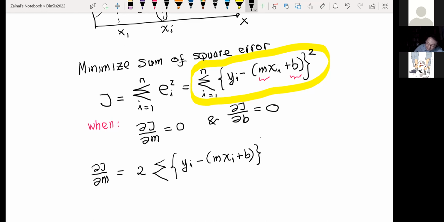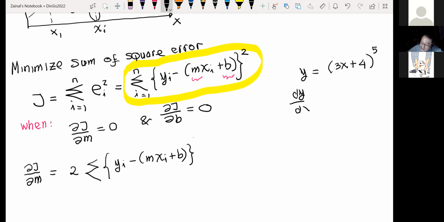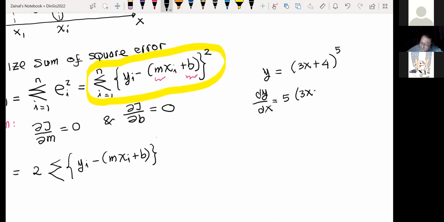Remember, if y is equal to 3x plus 4 to the power 5, then dy over dx is equal to 5 times 3x plus 4 to the power 4, multiplied by the derivative of this function.